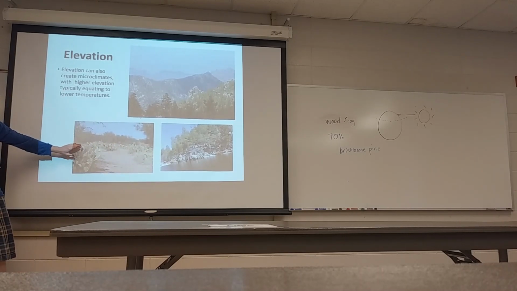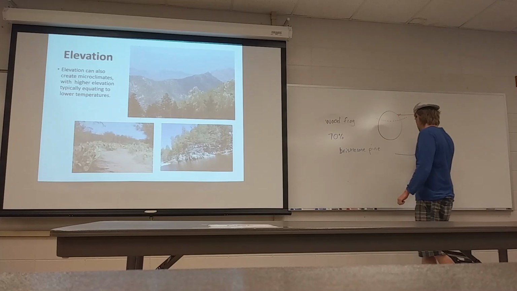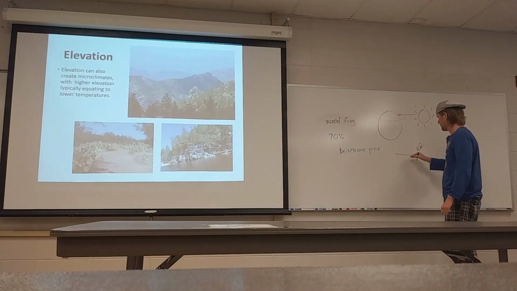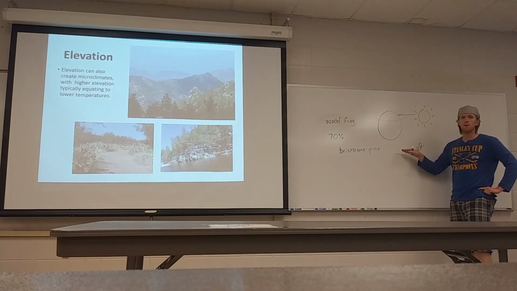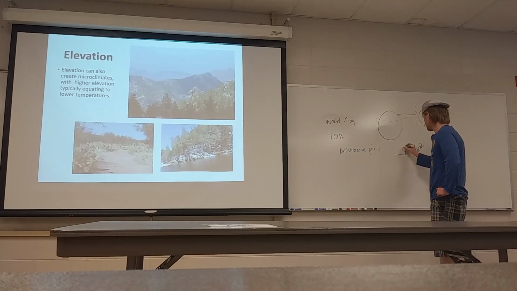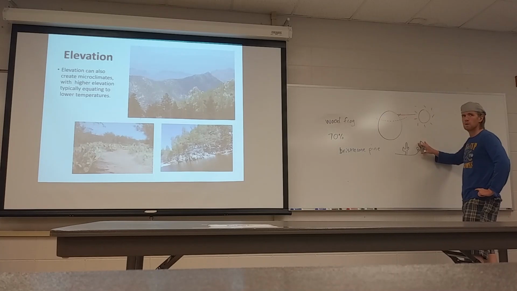As you work your way up the mountain, you go through a couple of different levels. So you have the desert in the lowland areas. Right? So here's our little saguaro cactus right there. As you work your way up the mountain, you get oak woodlands.